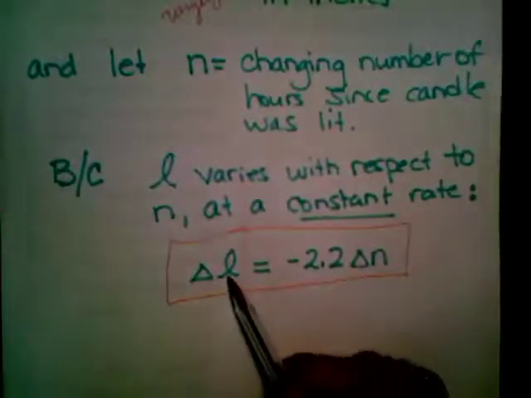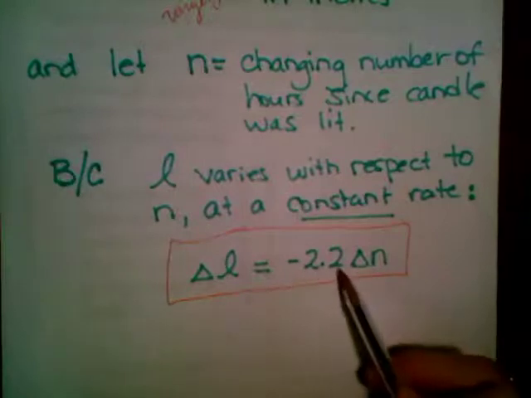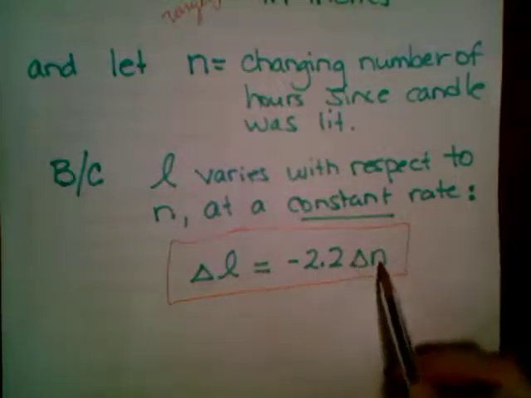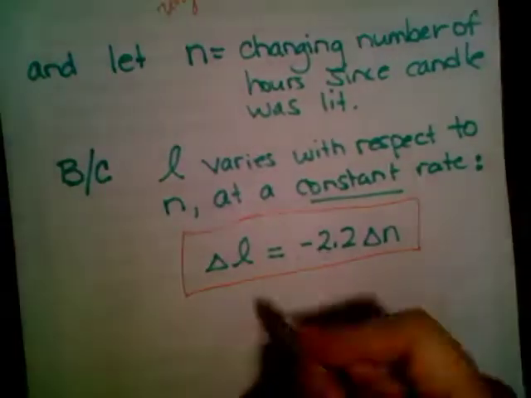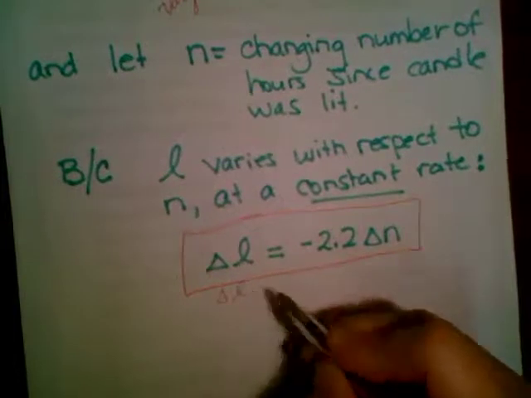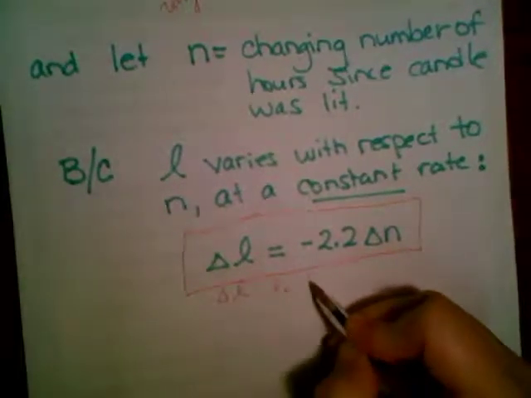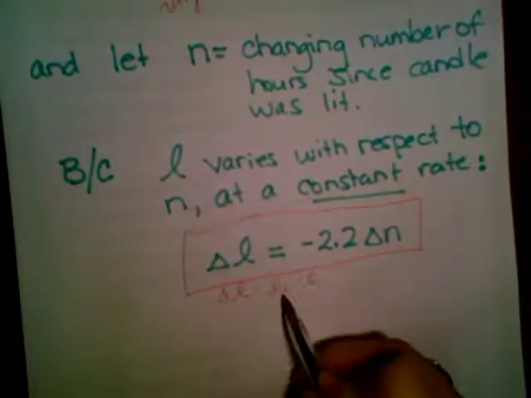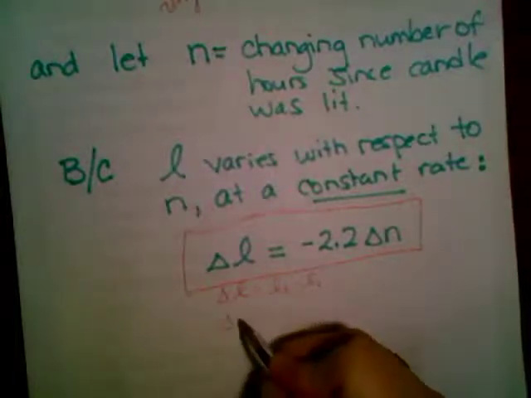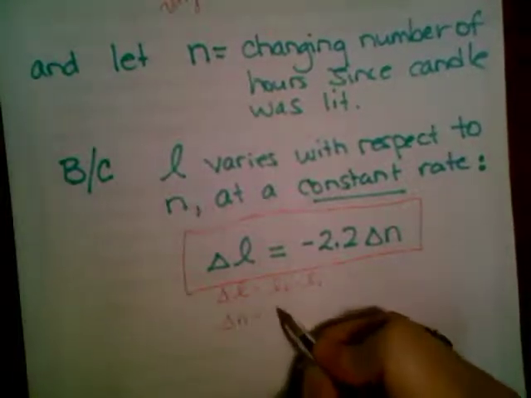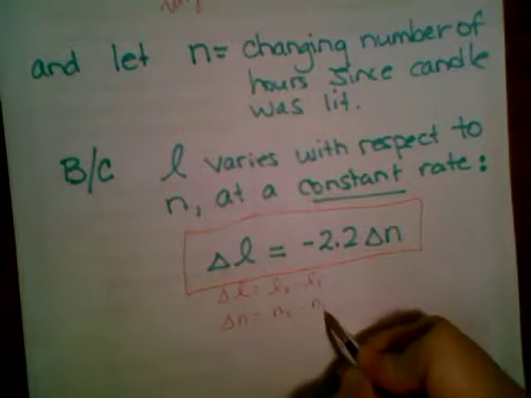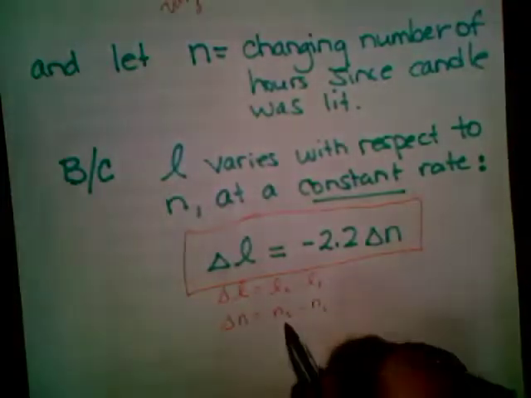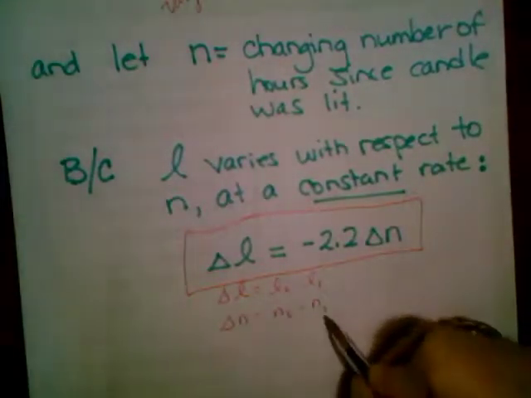Change in L equals negative 2.2 times change in N. And recall, change in L is L2 minus L1, final length minus initial length, and change in N would be N sub 2 minus N sub 1, final number of hours minus initial number of hours.